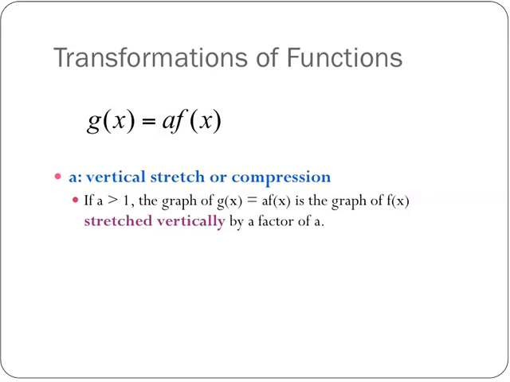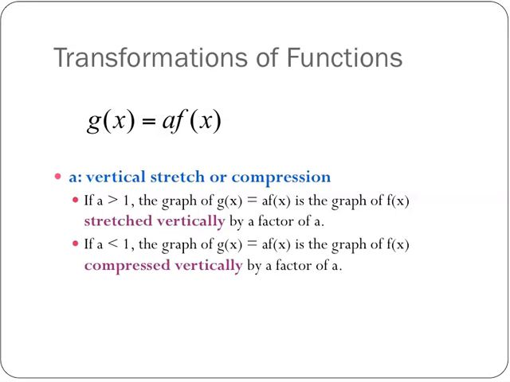Now if A is smaller than 1, and we're not talking about negative values here because negatives deal with reflections, say A was equal to 1/2, then the graph of the transformed function g of x is going to be the graph of f of x compressed vertically by a factor of A.